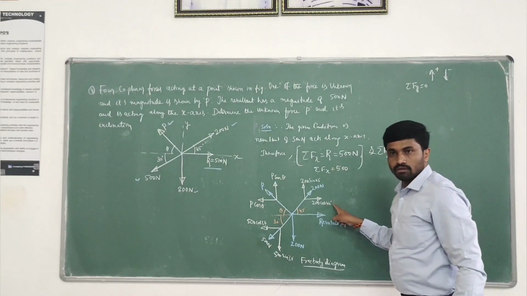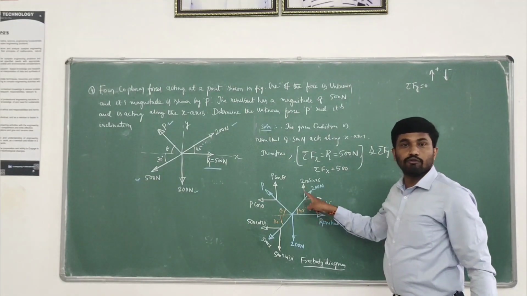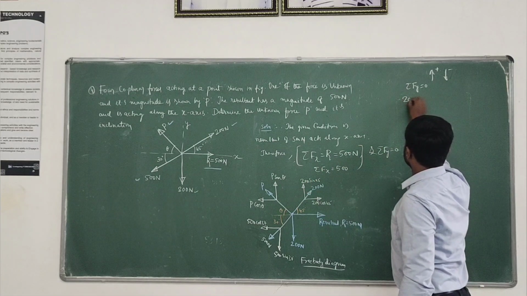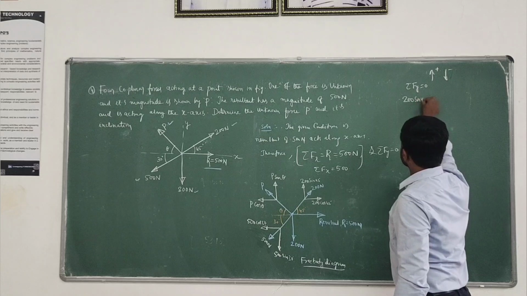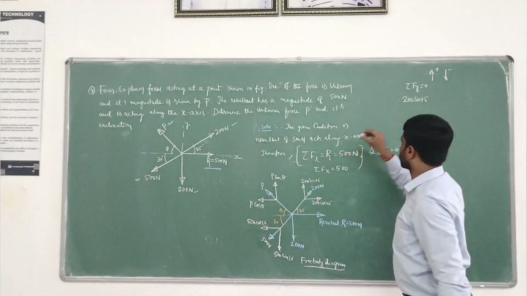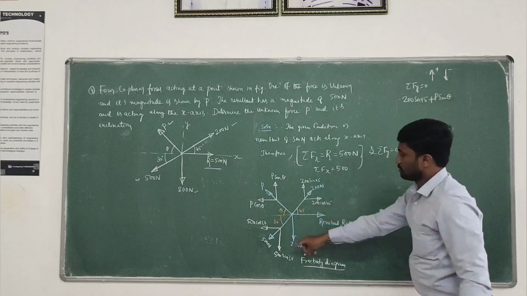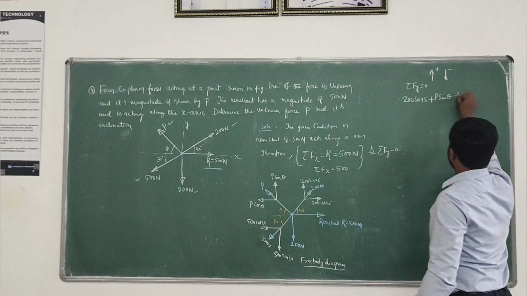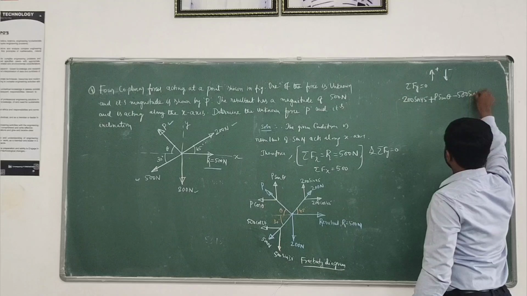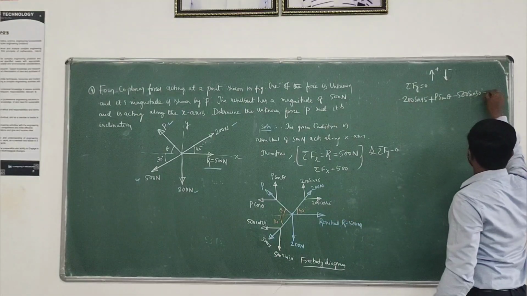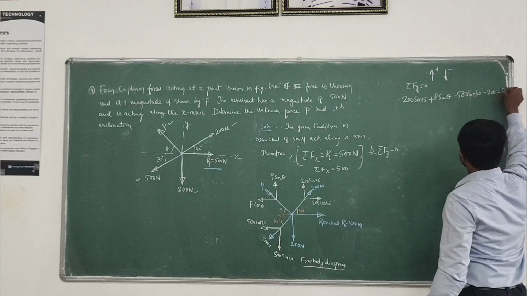So applying here, the first one is 200 sin 45, plus P sin theta, minus 500 sin 30, minus 200 equals 0.